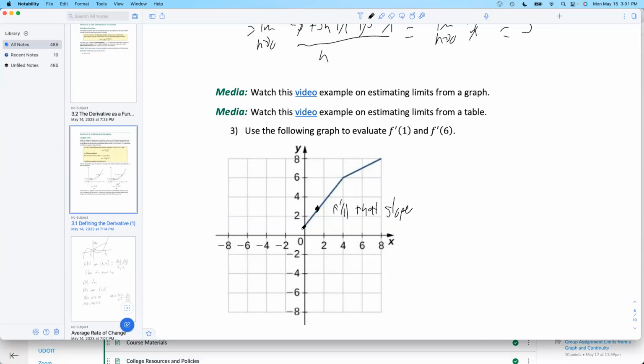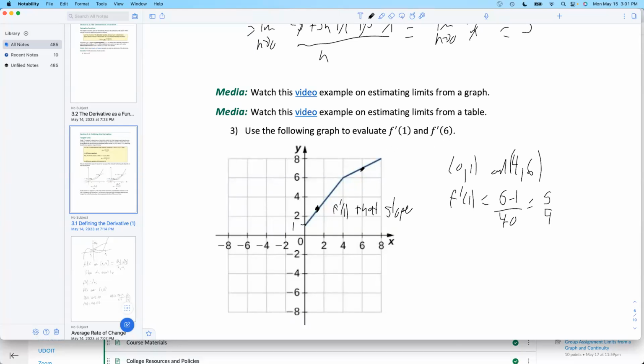So that looks like that goes from the point (0, 1) to the point (4, 6). So that's 2 points on the line, (0, 1) and (4, 6). So f prime at 1 would just be changing y over changing x. 6 minus 1 over 4 minus 0. I think that's 5/4.